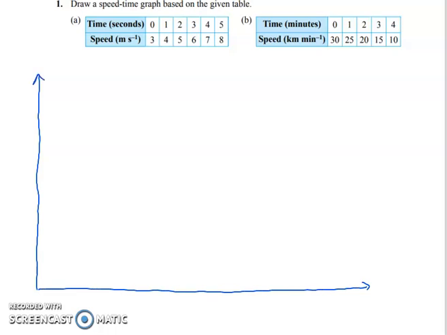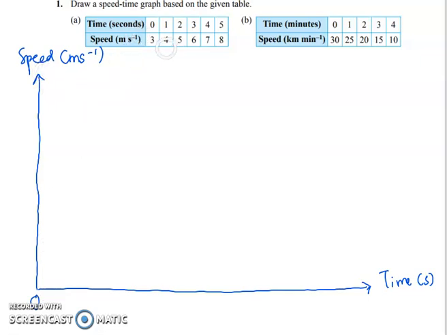Remember to label your y and x-axis. For your speed time graph, the y-axis is the speed. Put your unit as well, meter per second. And then your x-axis is the time in second. Your origin is 0, and then start choosing your scale.